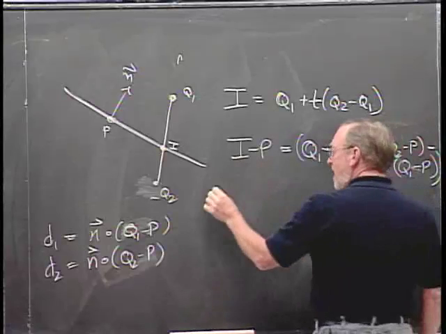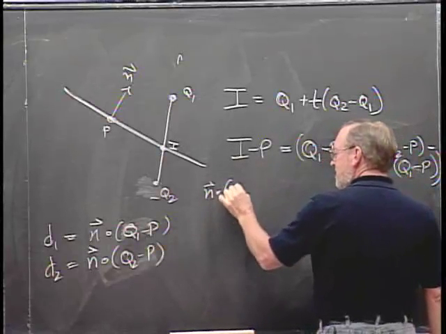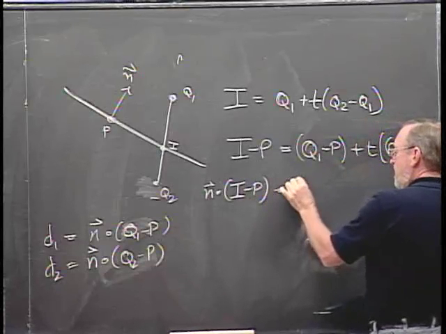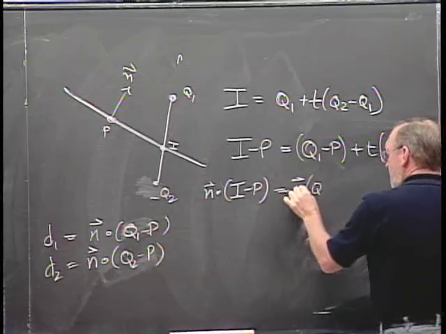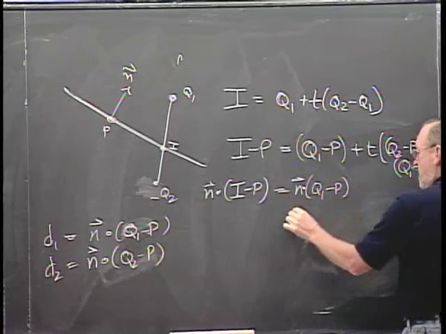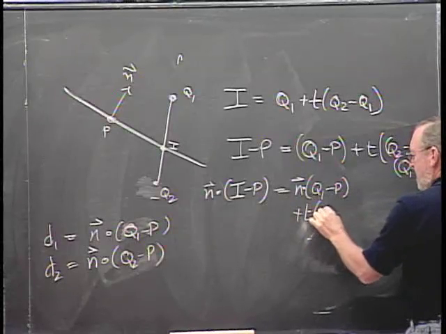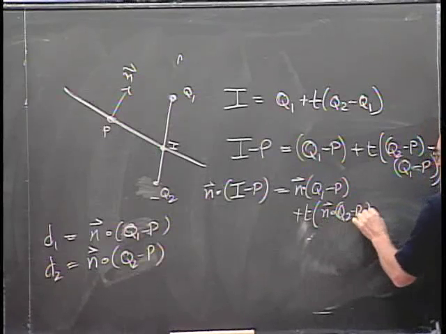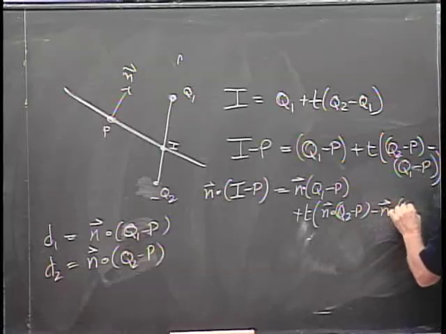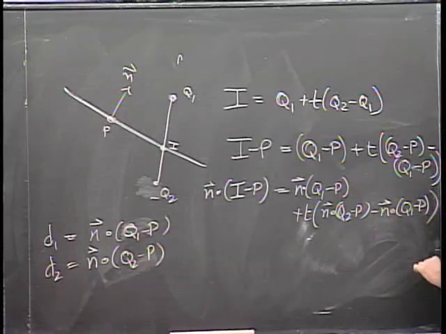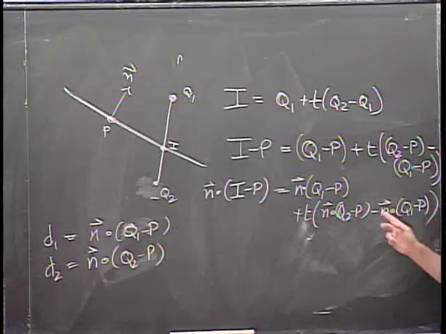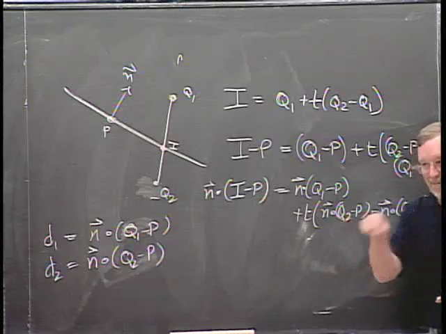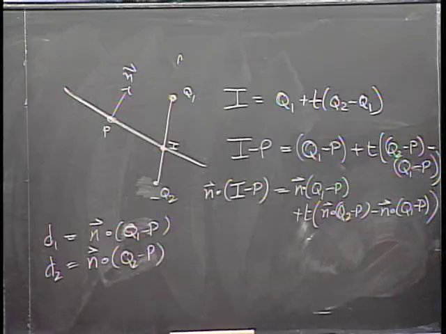So now I'm going to dot both sides with N. And Q dotted with Q1 minus P plus T times N dotted with Q2 minus P minus N dotted with Q1 minus P. Now I can split this all out because the dot product of a sum of two vectors is the same as the sum of the dot products.